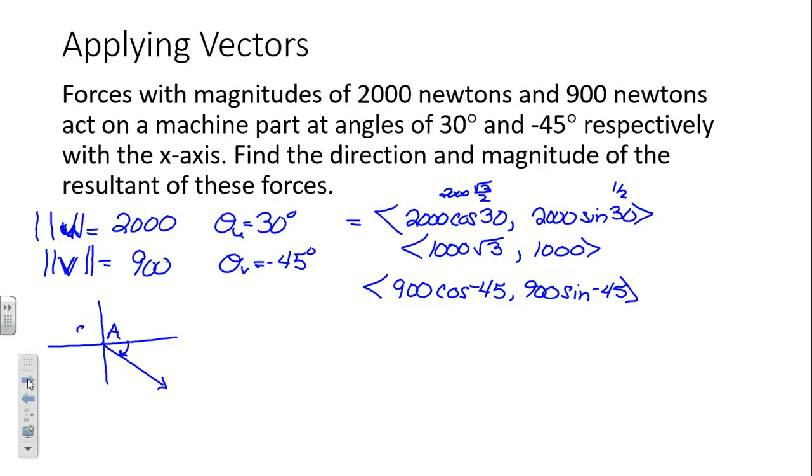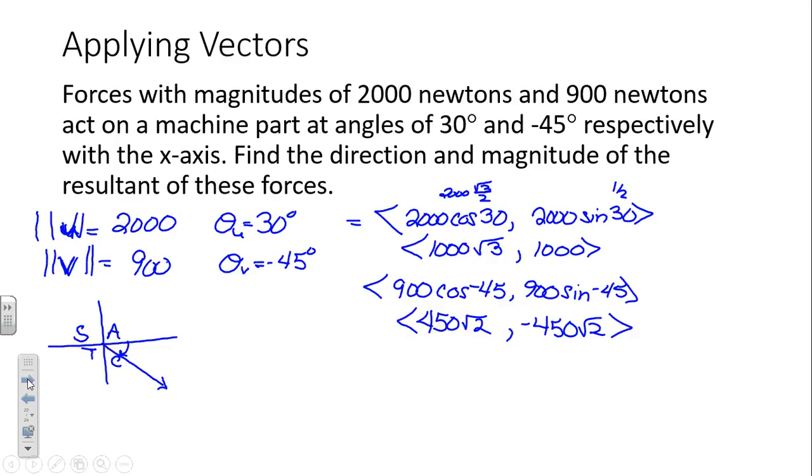So the cosine is positive. So we'll have a square root of 2 over 2, right? Times 900, which will be 450 square root of 2, if I can write my 4 without trying to change it into a 5 right away. And 900 times the sine of negative 45. So negative 450 square root of 2.